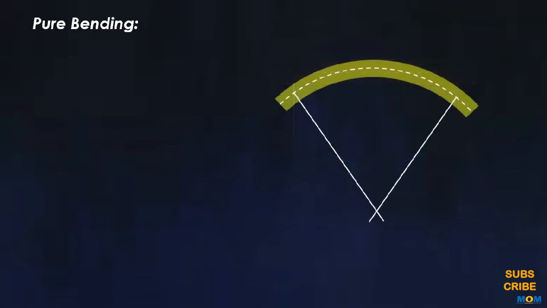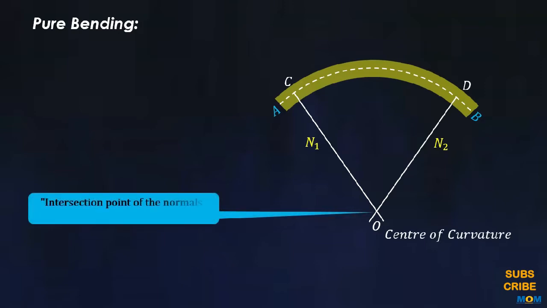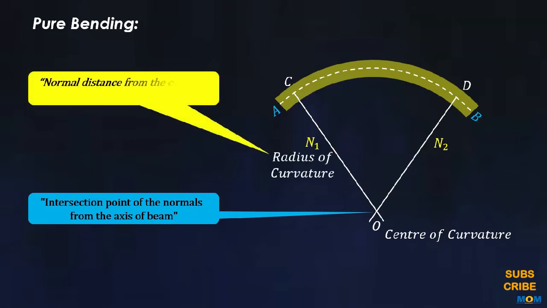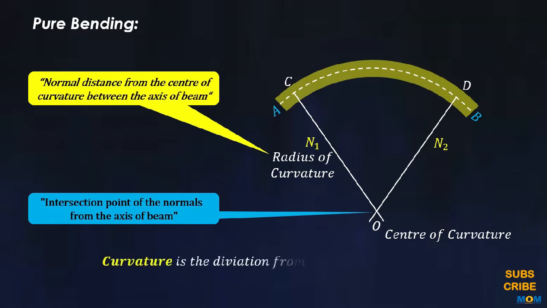Considering the curved beam, the normals n1 and n2 will intersect at point O, called the center of curvature, whereas the normal distance from the center of curvature to the axis of the beam is called the radius of curvature. Curvature itself is the deviation from the initial straight line of the beam.